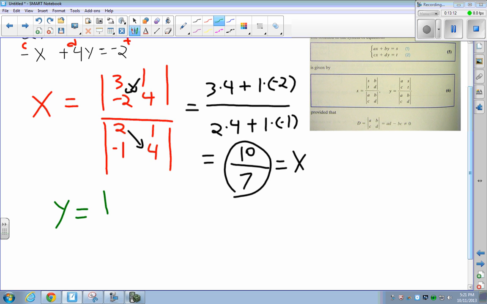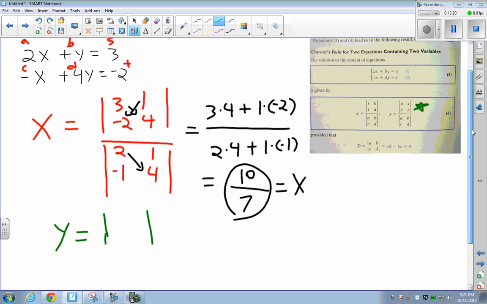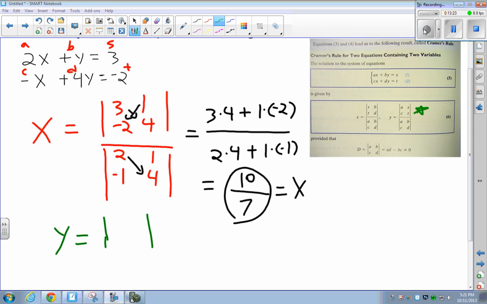Okay, so what does y equal? So y is equal to this matrix right here. So we look at our system of equations. So we put a to its a spot, 3 to the s spot, -1 into the c spot, and then -2 into the t spot.